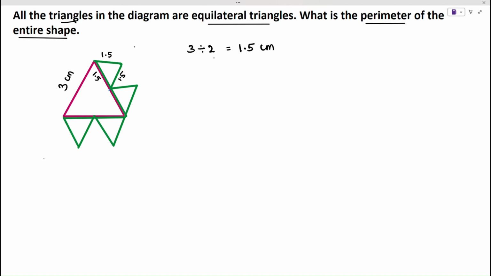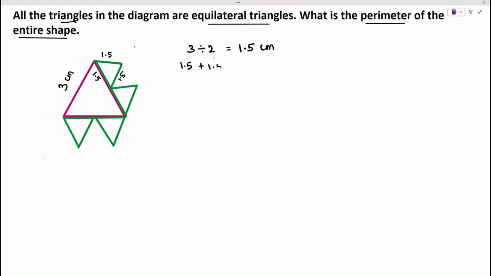Now, with this, we can add all the sides that are exposed, but let's make life a bit easier for ourselves. For our smaller equilateral triangle, we can see that 2 sides are exposed. So, 1.5 plus 1.5 is 3.